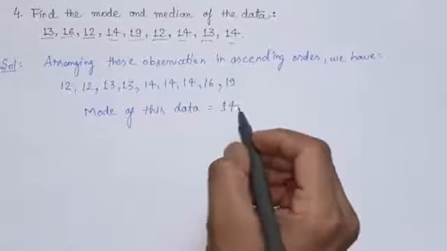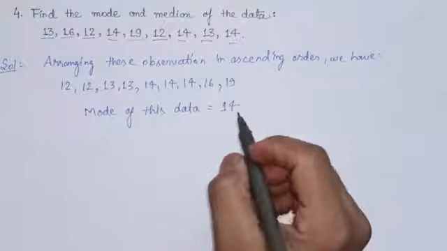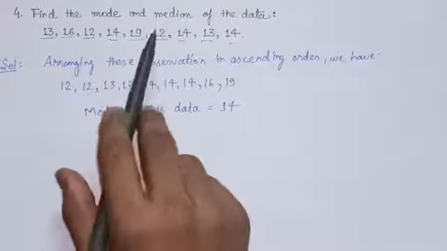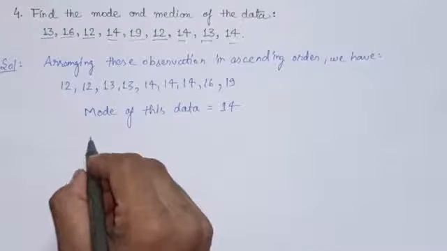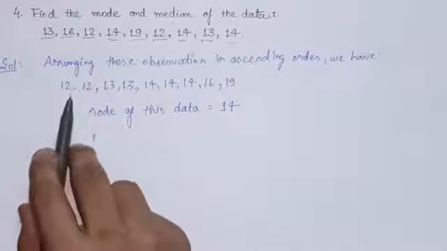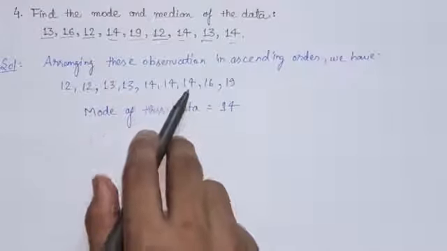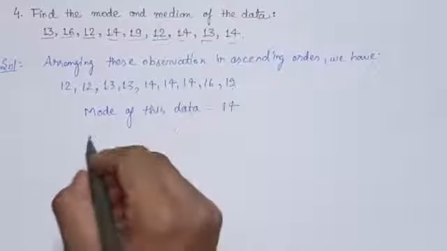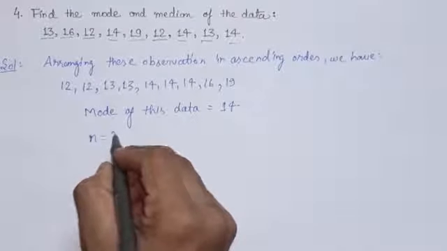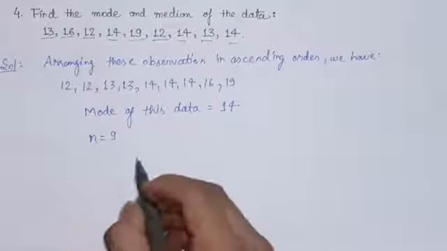Now we have to calculate the median. First count the number of observations: 1, 2, 3, 4, 5, 6, 7, 8 and 9. So n is equal to 9, that is odd.